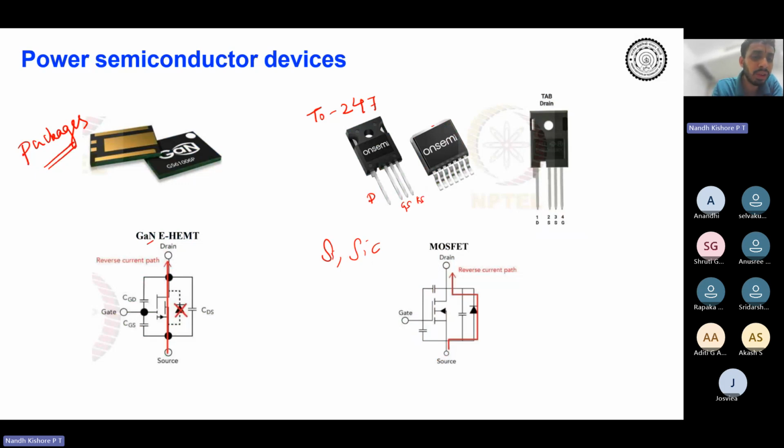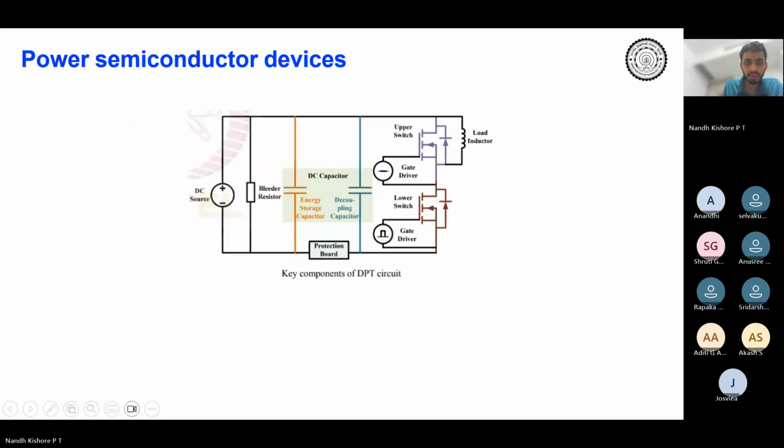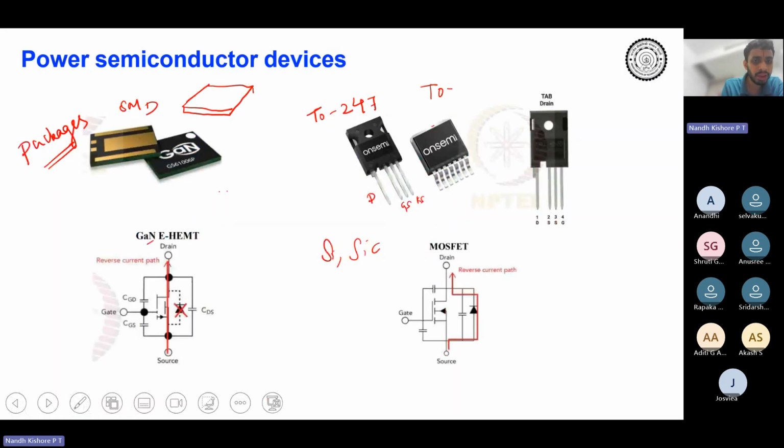This package over here is called an SMD mounted package, and these are all through hole packages. SMD means surface mounted. That is, there is no terminal that will go into the PCB. You will just solder it onto the PCB. So for instance, if the PCB is something like this, you will be having the GaN devices just on the PCB directly.